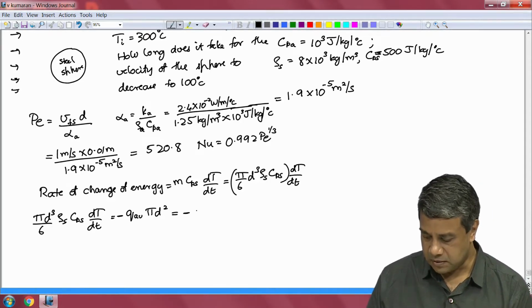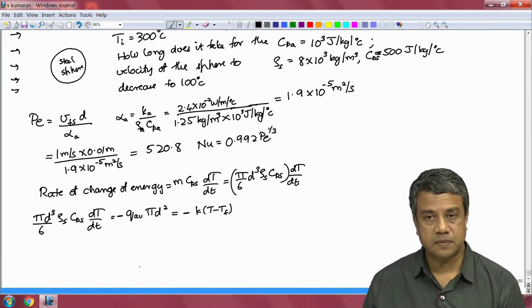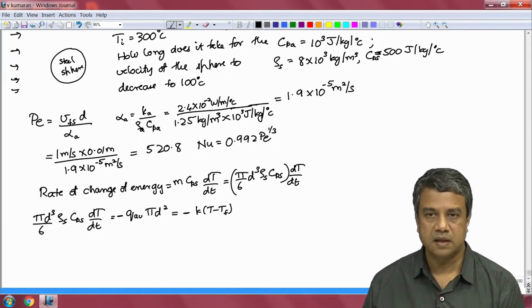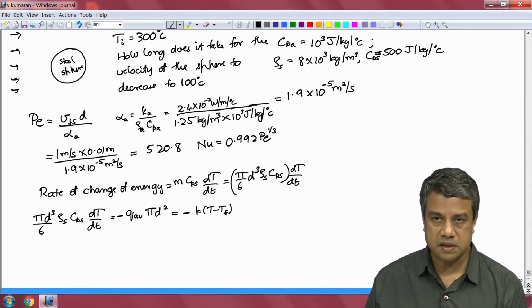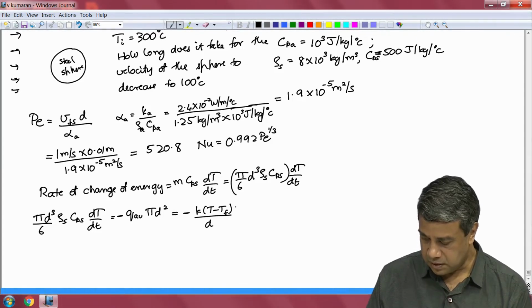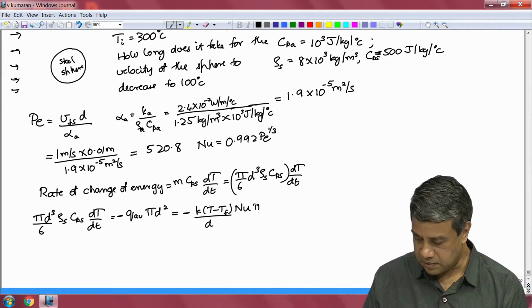It's equal to minus k into T minus Tf. Tf is the temperature of the fluid. In this case, as you recall, it was 0 degrees centigrade. The air was being blown past at 0 degrees centigrade, divided by d into the Nusselt number, times pi d square.